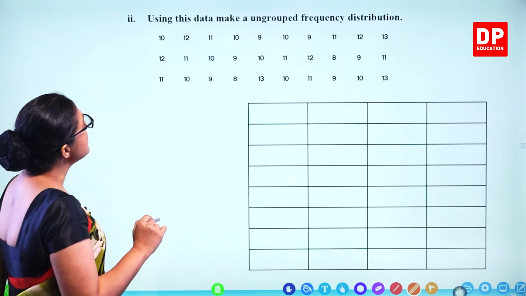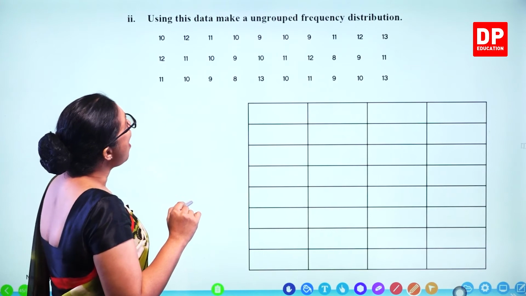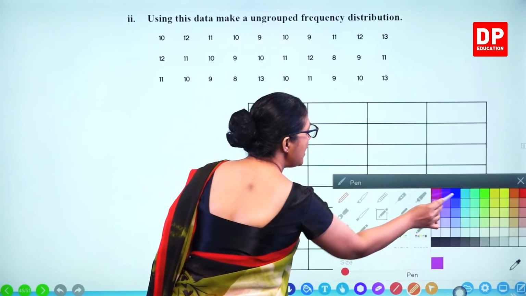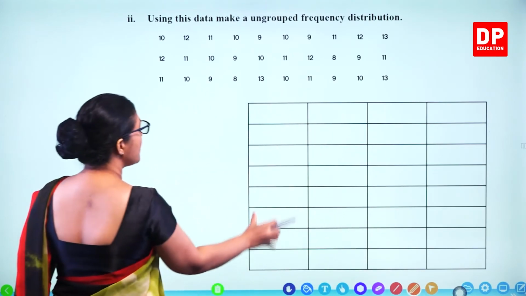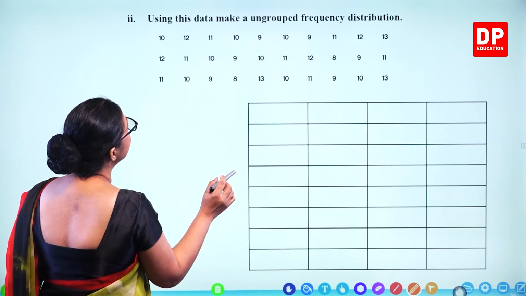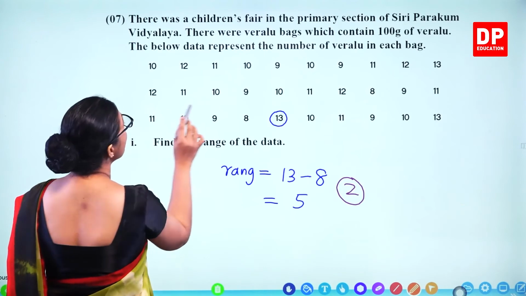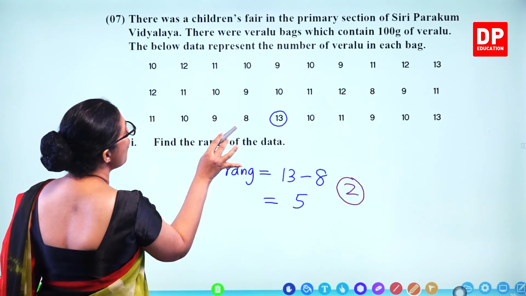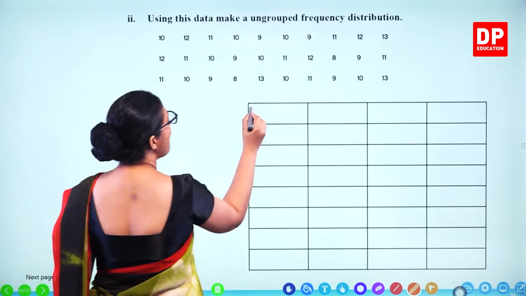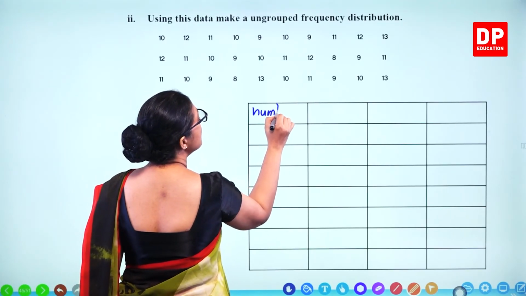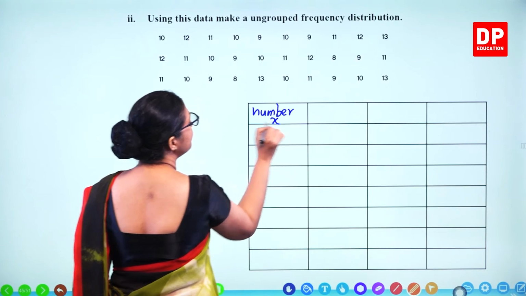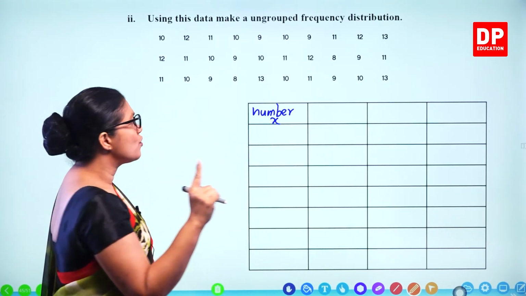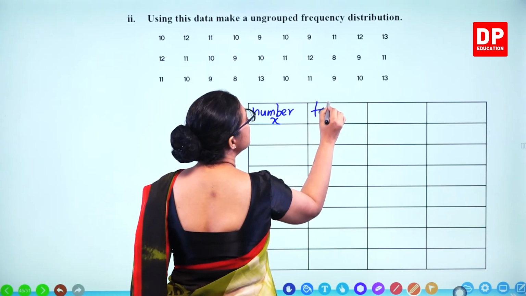Next part, using this data, make an ungrouped frequency distribution. For that, we need to first take the first column as the variable. This is about Verelu, the number of Verelu. So we'll take number, that's x. And then you need the tally marks, tally.